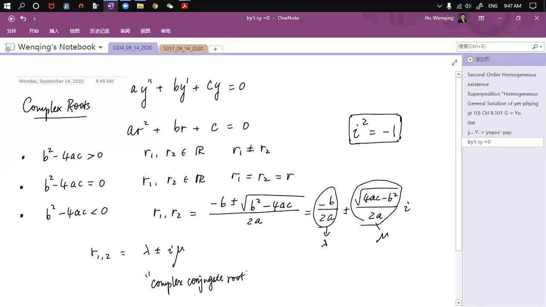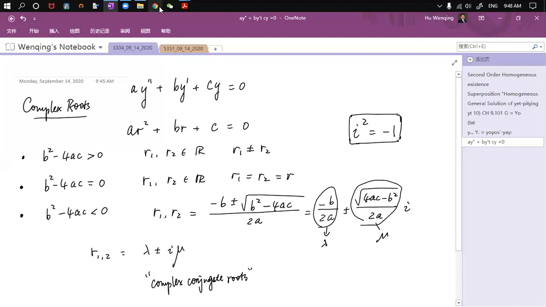By complex conjugate, it means that they share the same real part, but their imaginary parts are negatives of each other. So that's a pair of complex conjugate roots.